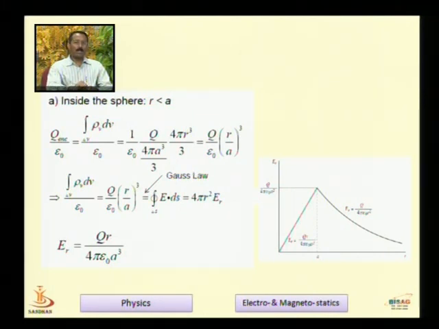So electric field is 0 at the center of the sphere and maximum at the surface of the sphere, and outside the sphere it falls as 1 upon r square. So it falls as 1 upon r square. Potential falls as 1 upon r, and electric field falls as 1 upon r square.